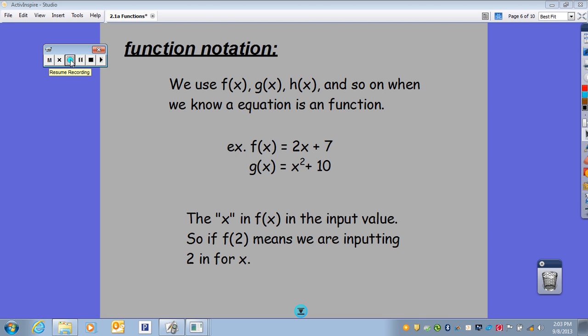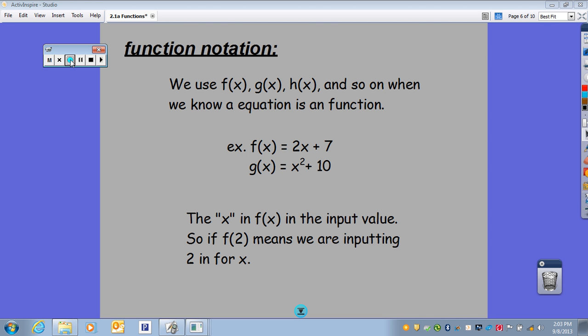When we are using functions, we use a special notation called function notation. We use f of x, g of x, h of x, and so on when we know an equation is a function. For example, f of x equals 2x plus 7, and it is simply a different way of writing y equals 2x plus 7.